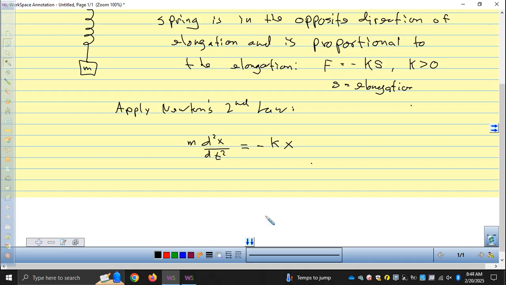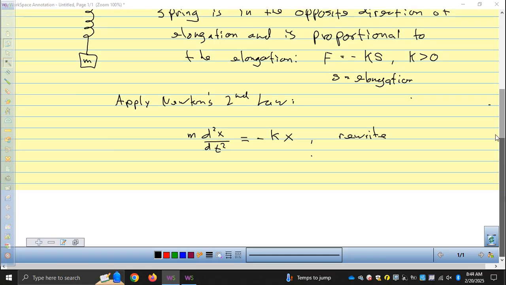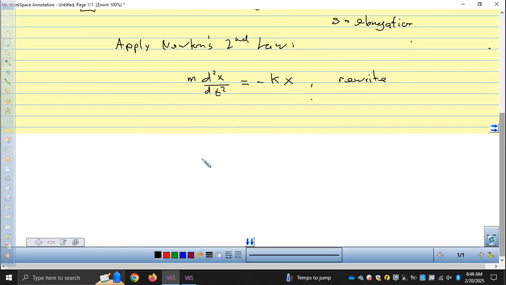And I'm going to rewrite this. And this is just mainly for convenience when we actually solve this equation. We divide everything by the mass, x double prime plus omega squared x equals 0, where omega squared is k over m.